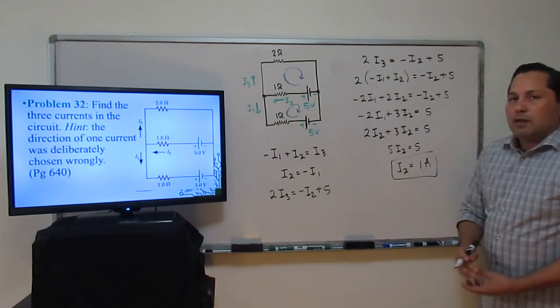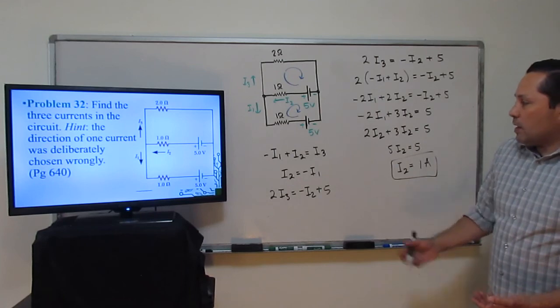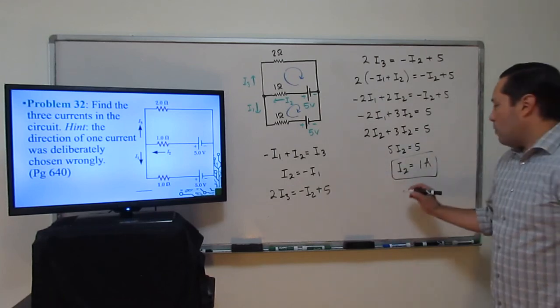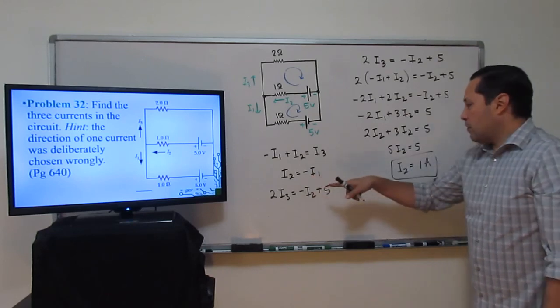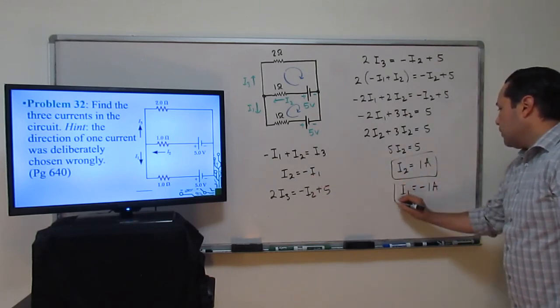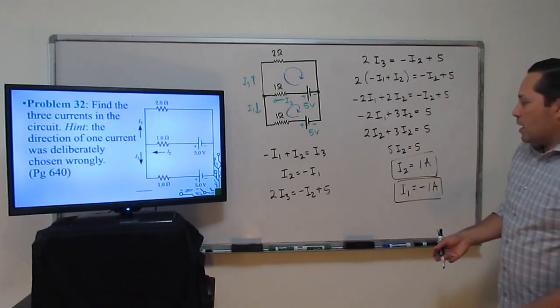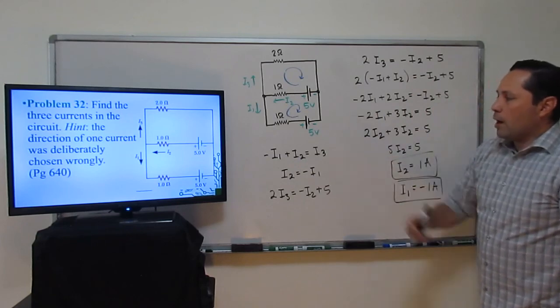And there we have it. All right, so we got our first current. I2 equals 1 ampere. Now we have that, we can also go ahead and figure out what is I1. I1 is negative of what I2 is, so therefore that is negative 1 ampere. All right, so we got 2 answers, and therefore now we can go ahead and plug them in here and solve for I3.